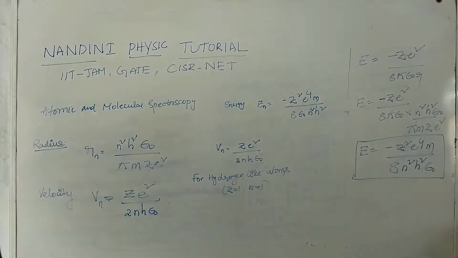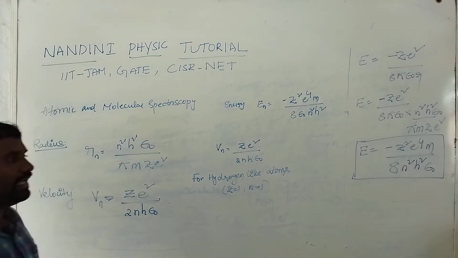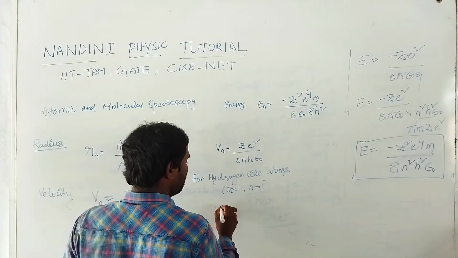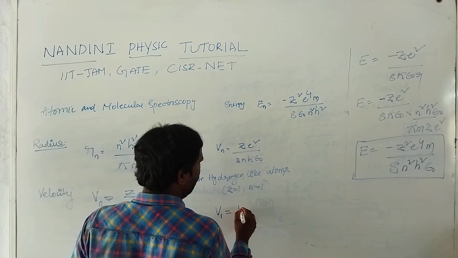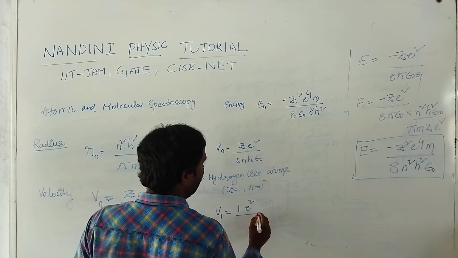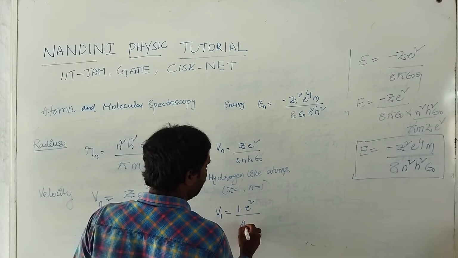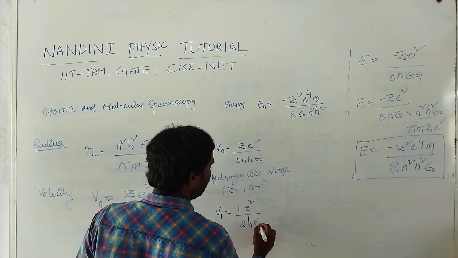Then V1 is equal to 1 into e square divided by 2 into h into epsilon naught.